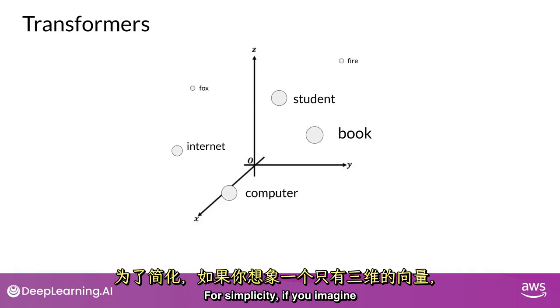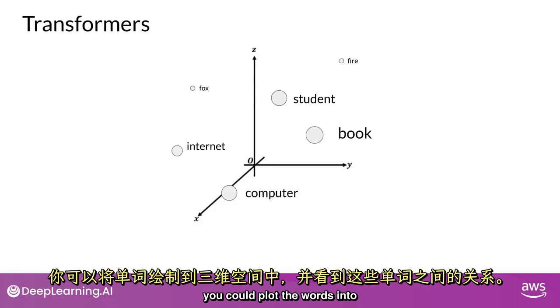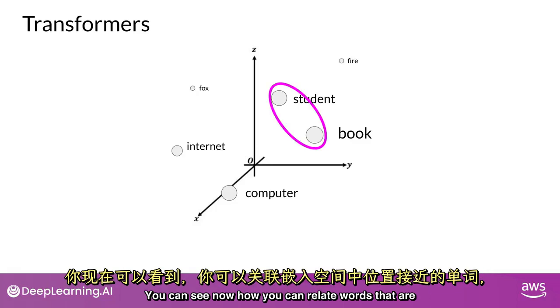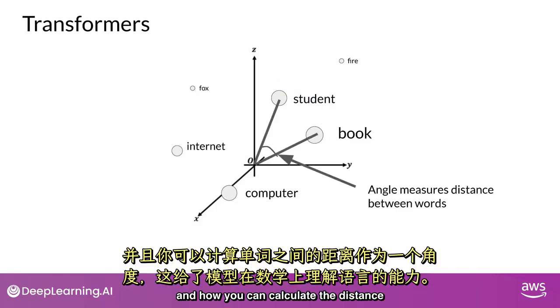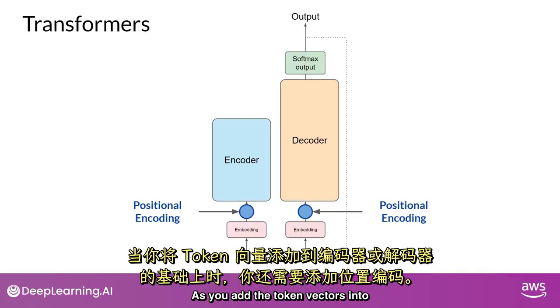For simplicity, if you imagine a vector size of just 3, you could plot the words into a three-dimensional space and see the relationships between those words. You can see now how you can relate words that are located close to each other in the embedding space, and how you can calculate the distance between the words as an angle, which gives the model the ability to mathematically understand language.